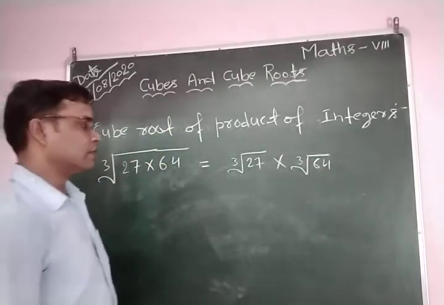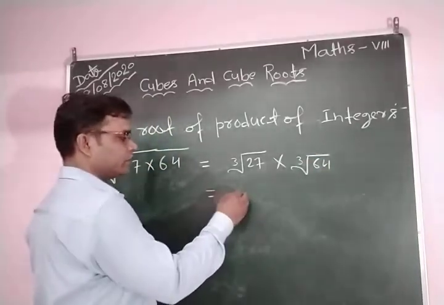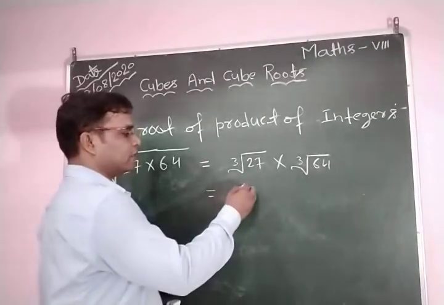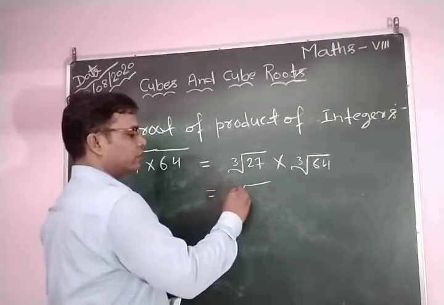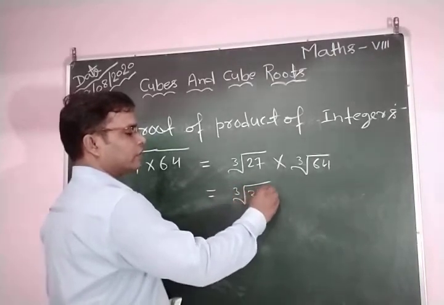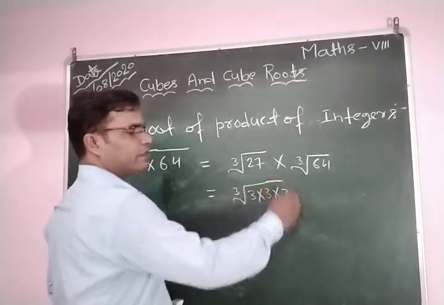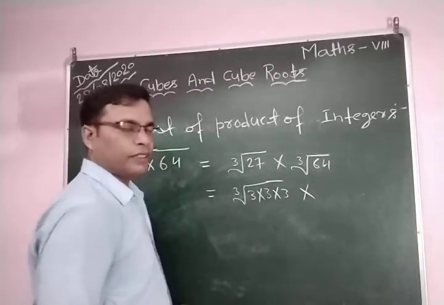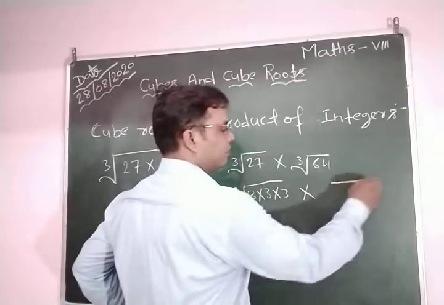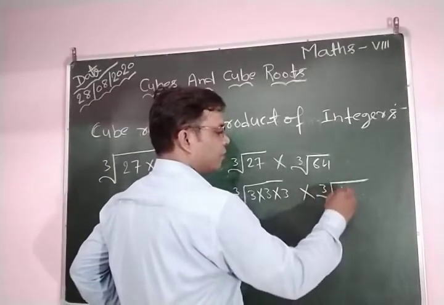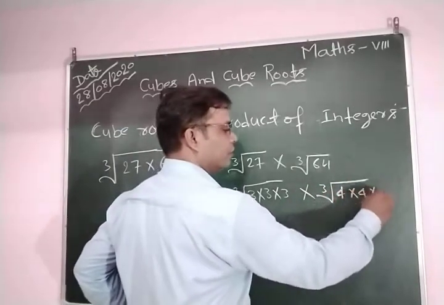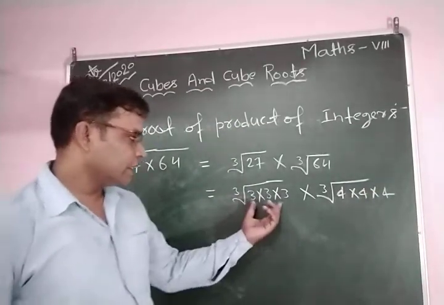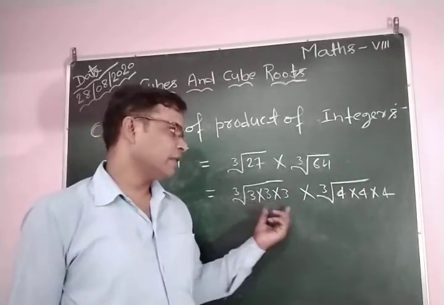Okay, so you can express the 27 as a product of prime factors. So 27 is equal to 3 into 3 into 3, and for cube root of 64, you can express it as 4 into 4 into 4. So you can see here this is a group triplet of 3 and this is a group triplet of 4.